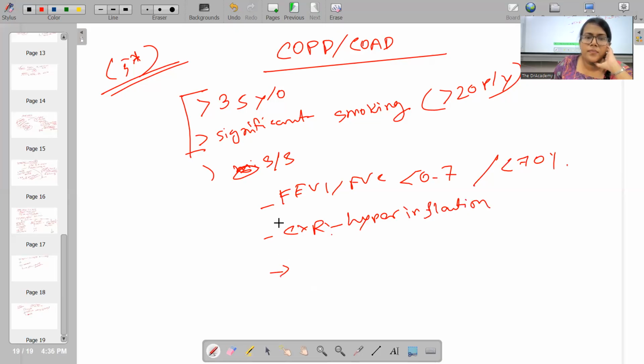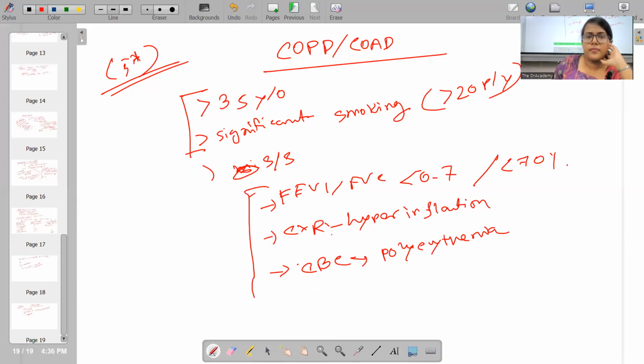At the same time, the patient will be a smoker, I think I've already mentioned. Okay, in the complete blood count, if there is any evidence of polycythemia. So apart from these symptoms, you should take into consideration these particular features, and then you can consider a diagnosis of chronic obstructive pulmonary disease.